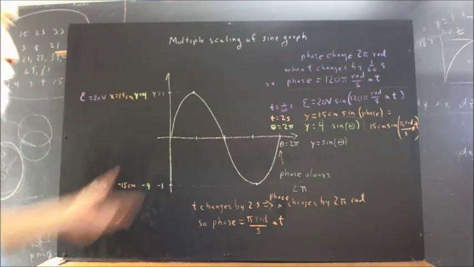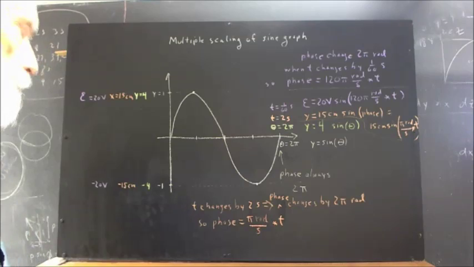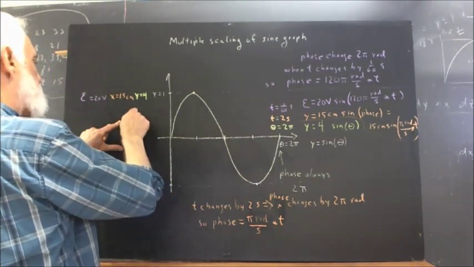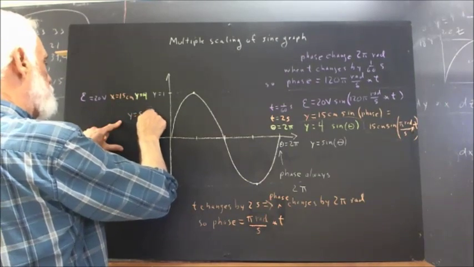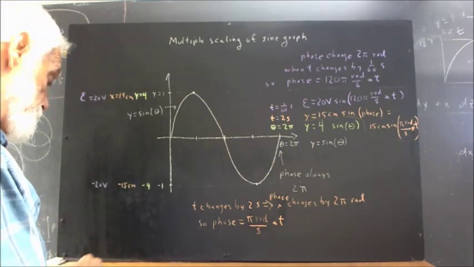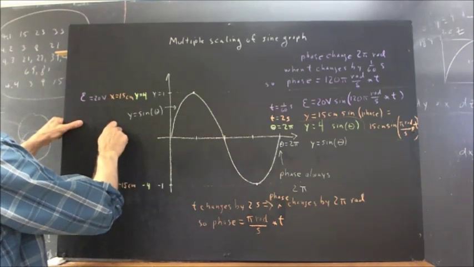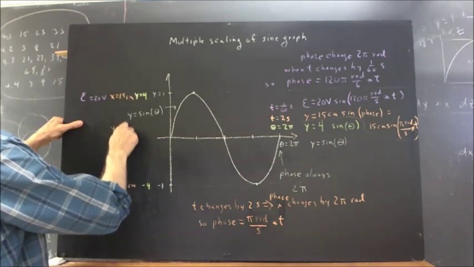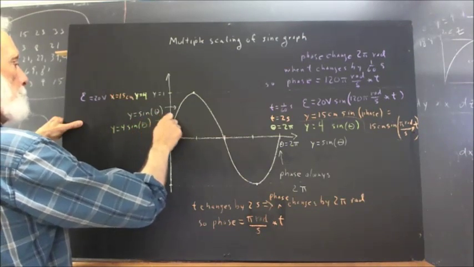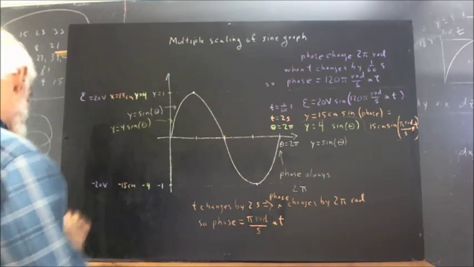So now I can label this graph. Okay, this could be the graph of y equals sine theta. It could be the graph of y equals 4 sine of theta, if we use this labeling.